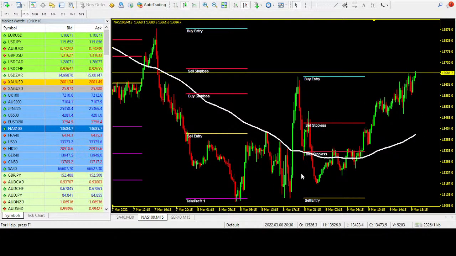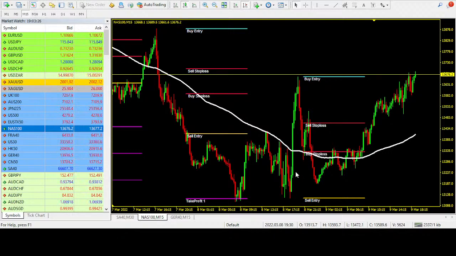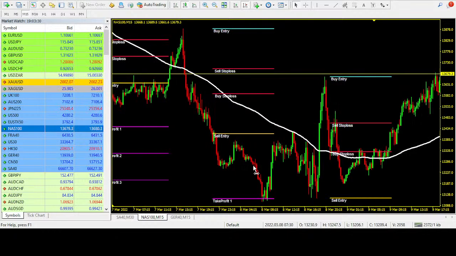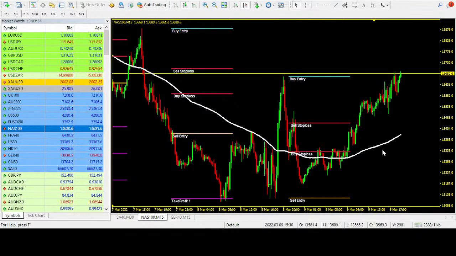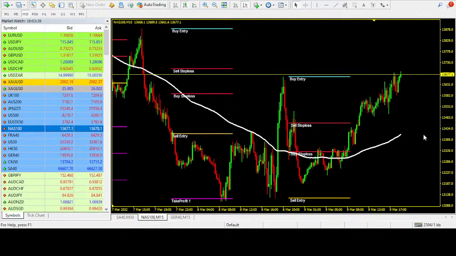It's supposed to show us whether it's a bullish or bearish market, whether we are trending up or down on a 15-minute chart. I'll take questions at the end, guys, but for the sake of time I'm just going to continue. So this white line is there just to show us whether we're in a buyer's or seller's market.